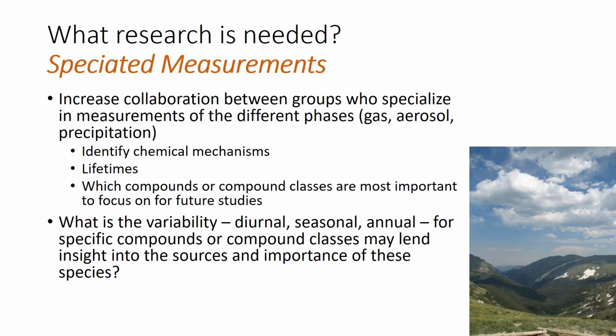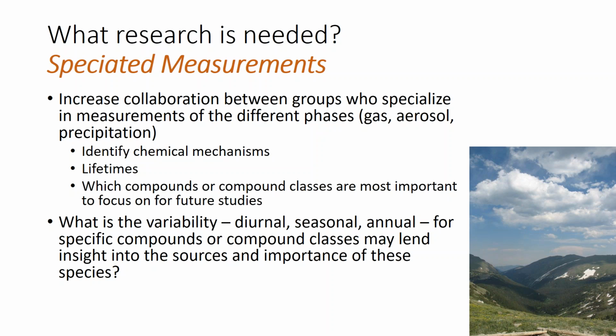And so bringing together groups who look at gas phase organic nitrogen, aerosol, and precipitation organic nitrogen is pretty important, particularly to better identify the chemical mechanisms and maybe the transfer of organic nitrogen between those different phases, as well as quantifying the lifetimes and identifying which compounds or compound classes even are most important for the future studies.